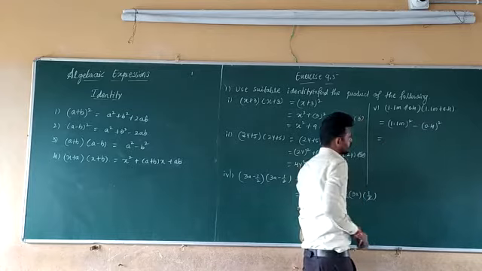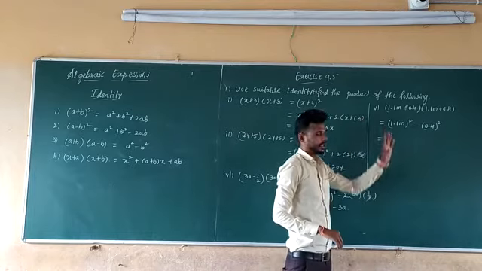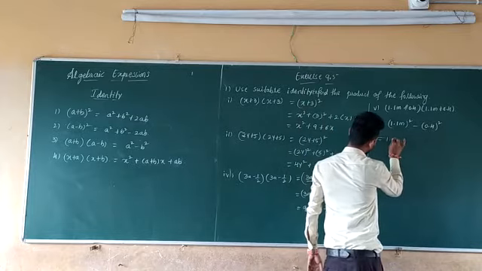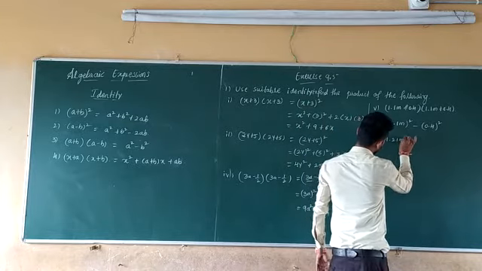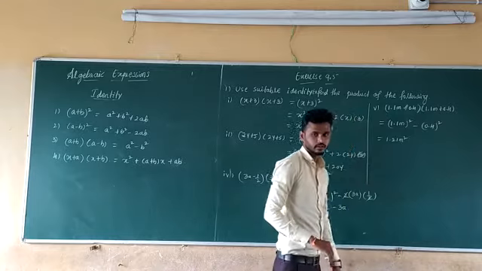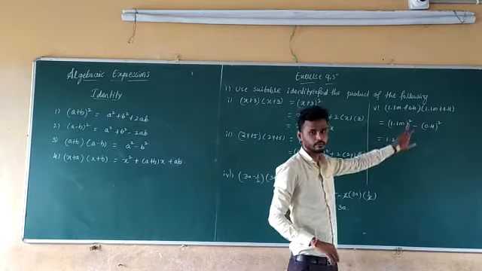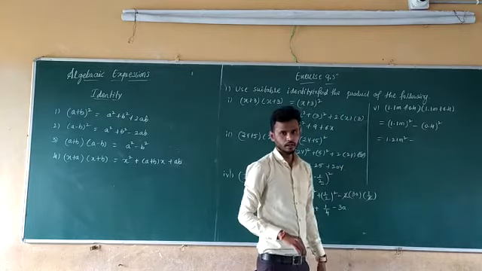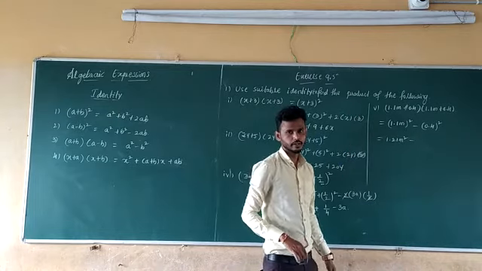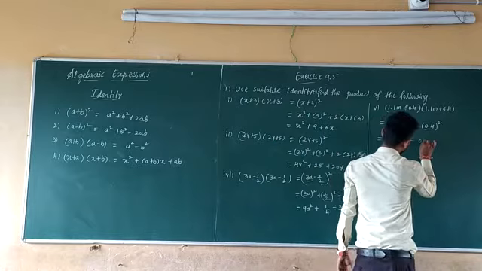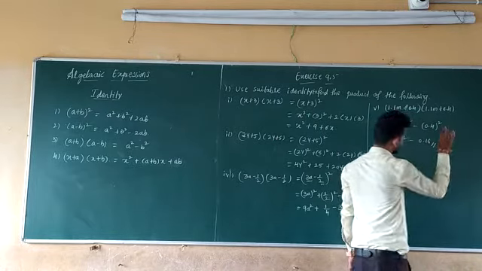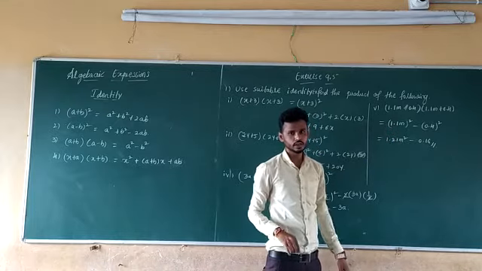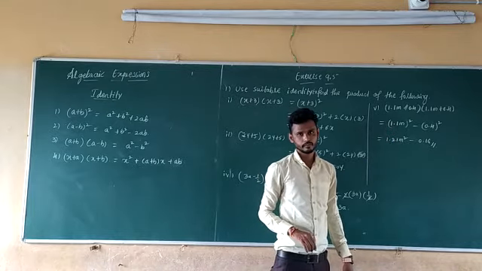Now square both 1.1 and m: 1.1 square you will get 1.21 and m square. So it will become 1.21m square minus 0.4 square means 0.4 into 0.4. How much will you get? 0.16. So this is the solution of fifth question by using the identity third one.